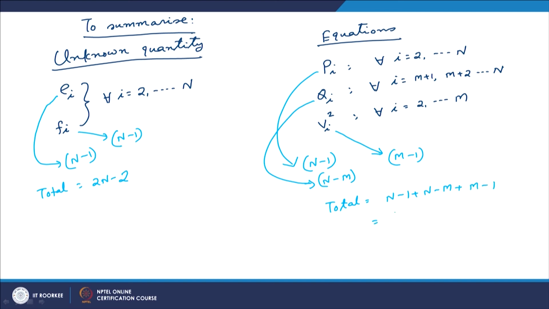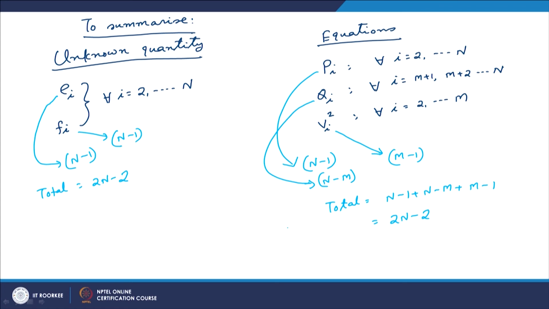So, that becomes equal to 2n minus 2. So, then therefore, the number of unknowns and number of equations are exactly matched. Total number of unknowns is 2n minus 2, total number of equations is also 2n minus 2.